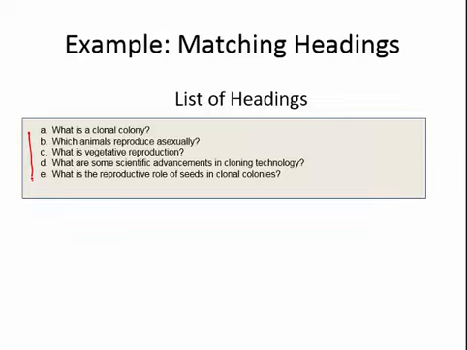One of these headings is the best heading for our paragraph that we've been looking at in this lesson so far. What I want you to do now, please stop the video, take a few seconds to read these headings, and in a minute you will skim through the passage to try to find which heading is best for our paragraph. Okay, so please stop the video now.